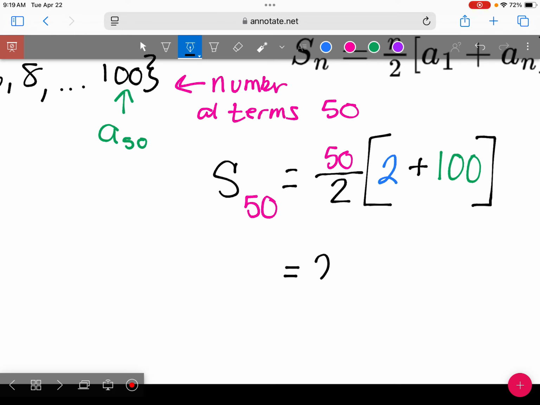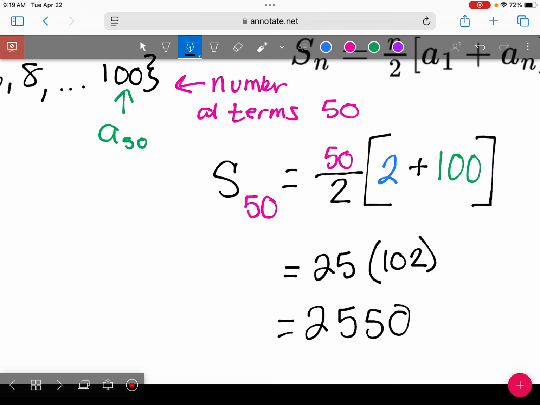So we'll have 25 times 102, which gives us 2,550.